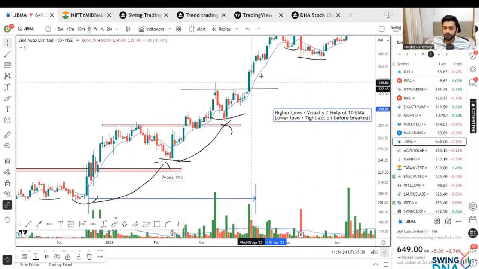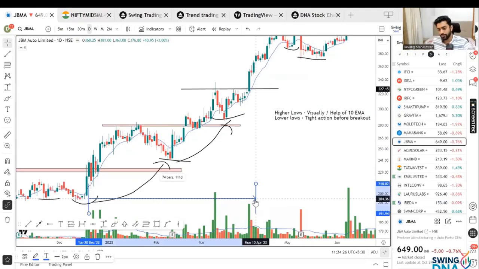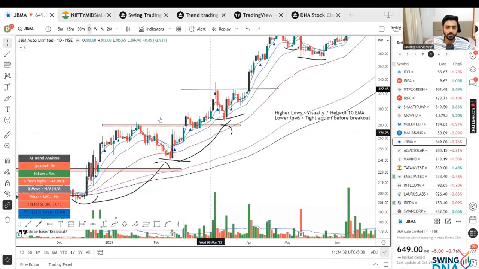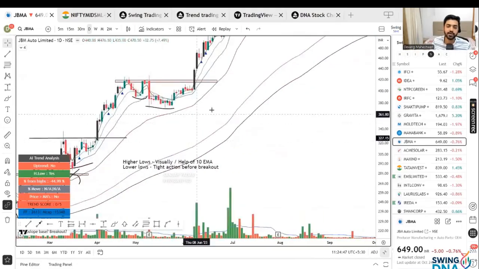Manually, this is the logic which we understood through 15, 16 kind of examples. And we have also automated it now, and it takes care of a few other things. It looks visually, then it looks with the help of EMAs 10, 12, 15, and then it decides on its own whether it's a higher low or not.